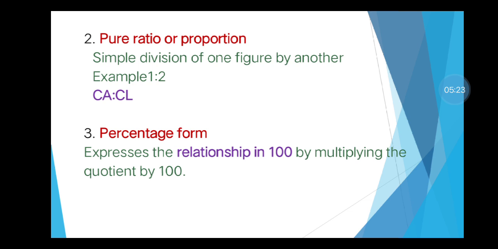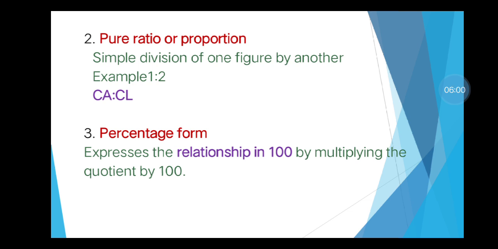Now for gross profit ratio and net profit ratio, if we say 20%, 30%, what does it mean? Net profit is 30% of sales. So sales is the denominator, the numerator is net profit, divided by sales into 100. So in 100 of sales, what percentage is net profit. Likewise, if you are expressing your ratios, that is called percentage form.